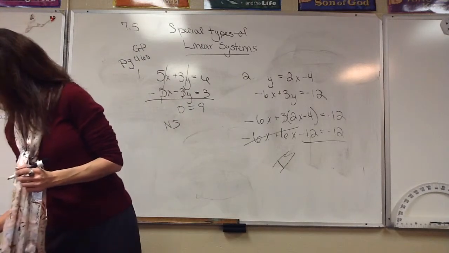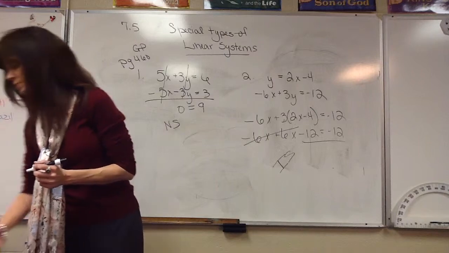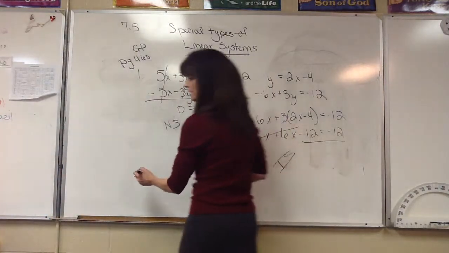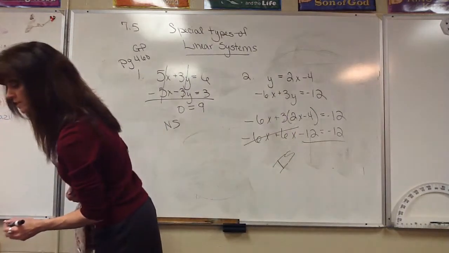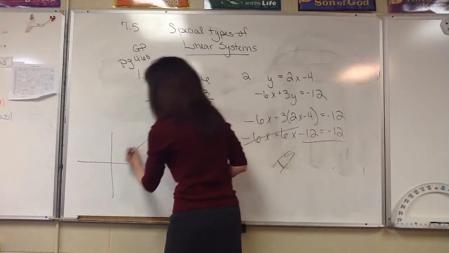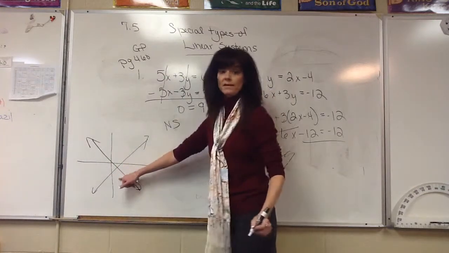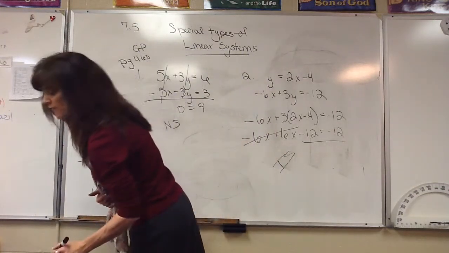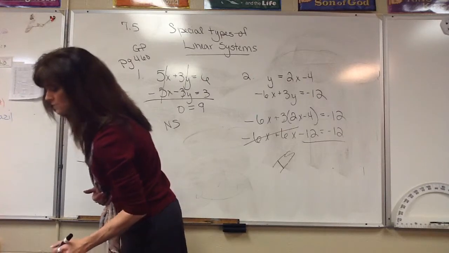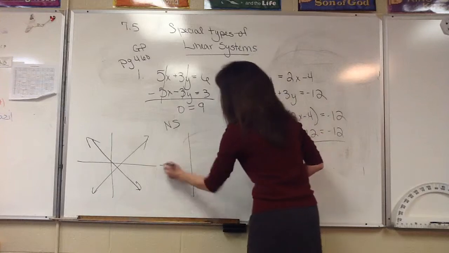Okay, I think that's all we're going to cover. One thing I just want you to look at very quickly, if you'll look over on page 462, we see here that if we have one solution, our graphs will actually cross in one place. If I have no solution, our graphs will be parallel to each other.